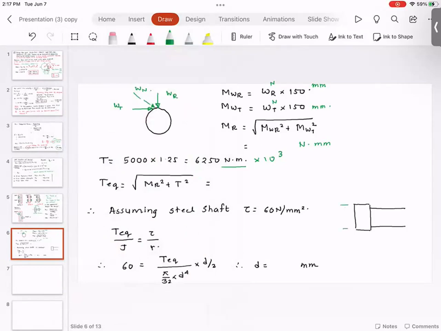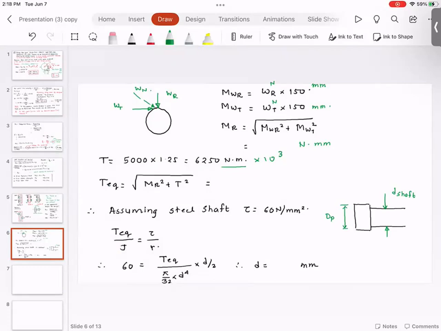So this is the diameter of the gear or the pinion, and then you see that the shaft diameter that you calculate is bigger than the pitch circle diameter of the gear. And that clearly should not be happening.